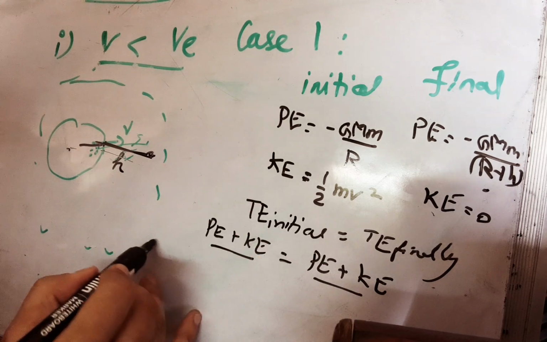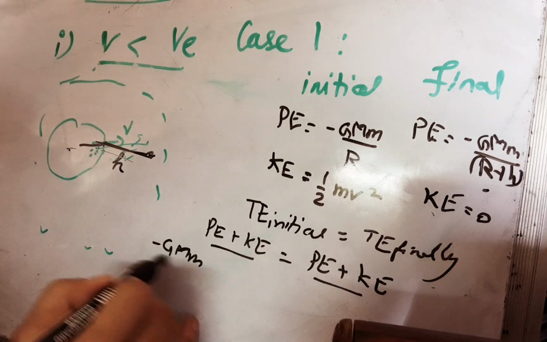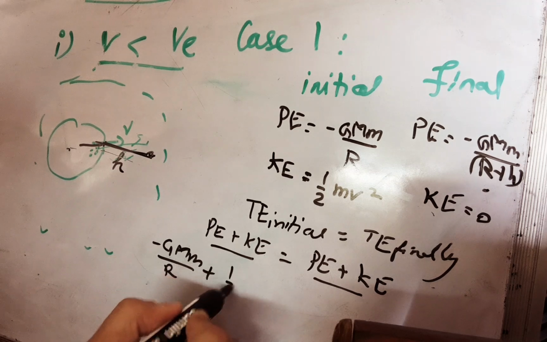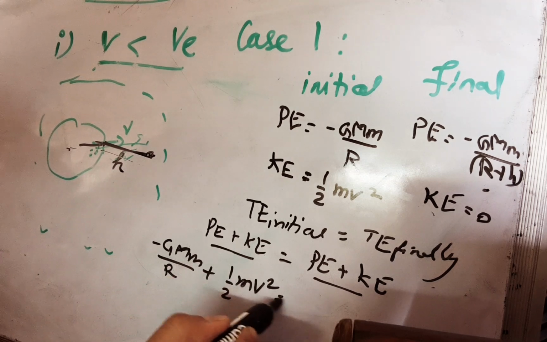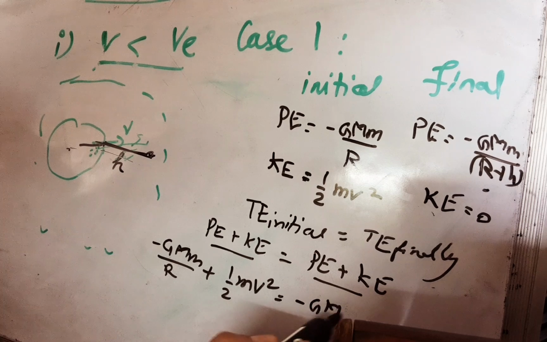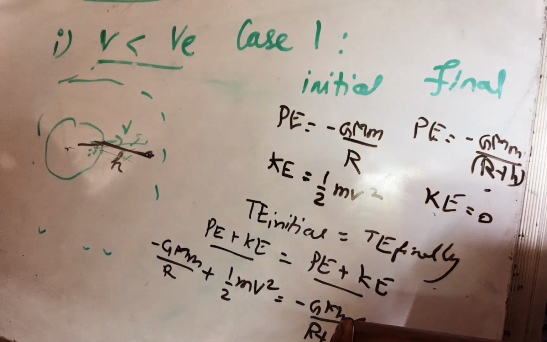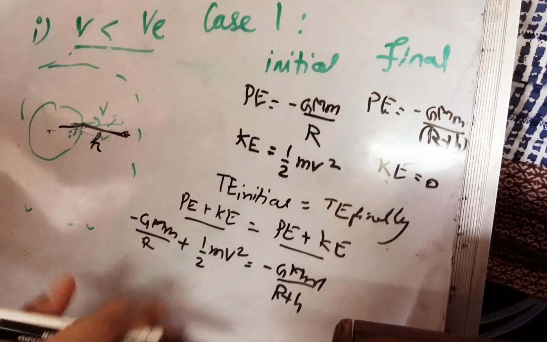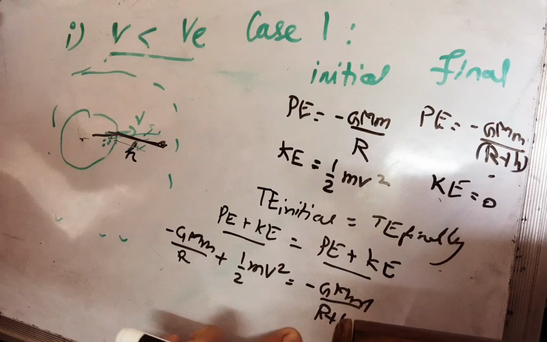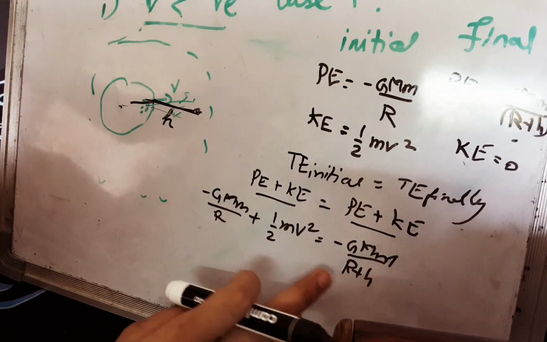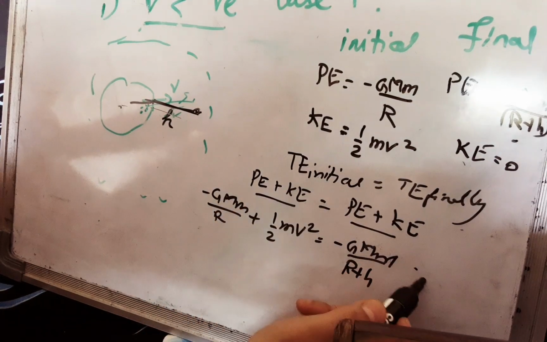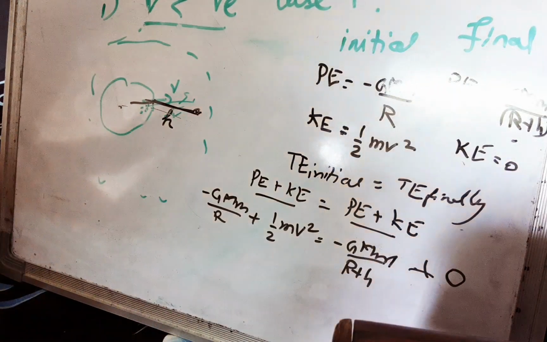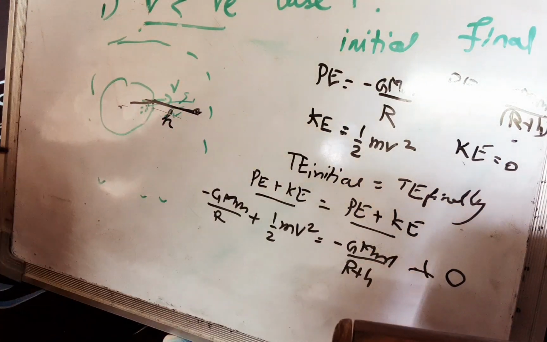So minus GMm upon r plus half mv square is equal to minus GMm upon r plus h, plus 0, because the kinetic energy is 0.